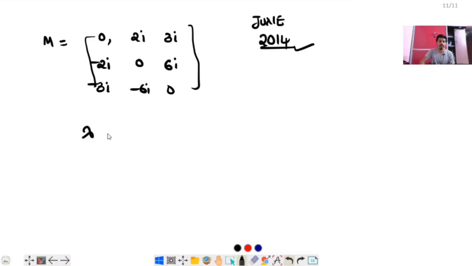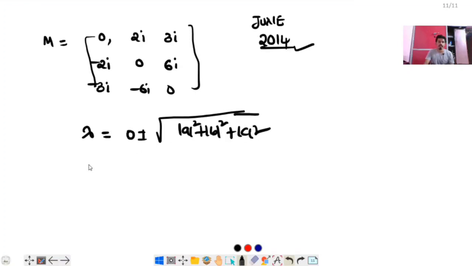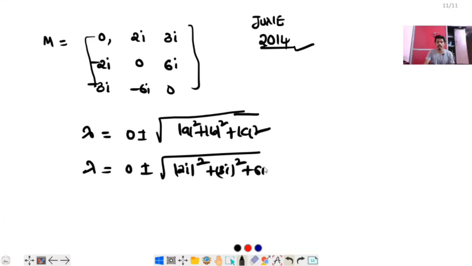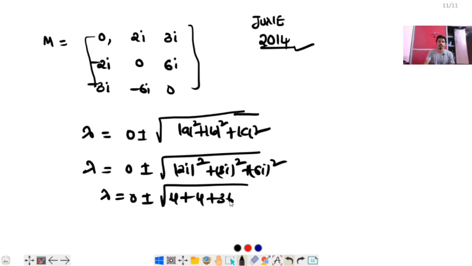Already I will use this shortcut formula: 0, plus or minus the root of the mod of a squared plus the mod of b squared plus the mod of c squared. Here it is 0 plus or minus the root of 2 iota whole square plus 3 iota whole square plus 6 iota whole square.